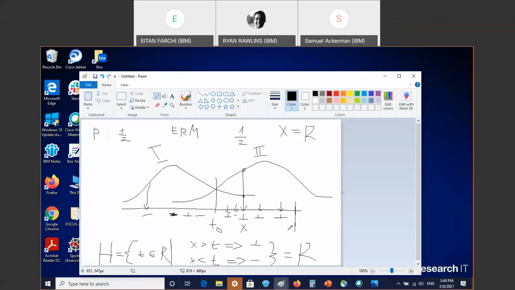So how many errors do I have? 9, right? No, because this one should be a minus. Oh, sorry. Right. And this one should be a minus. But here I'm going to make a mistake, right?